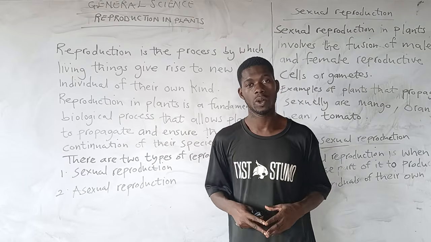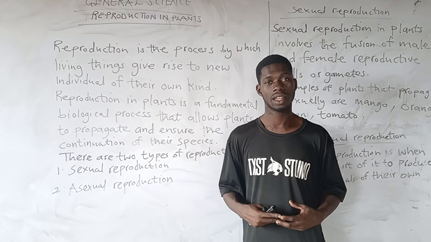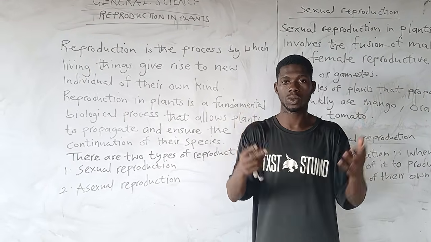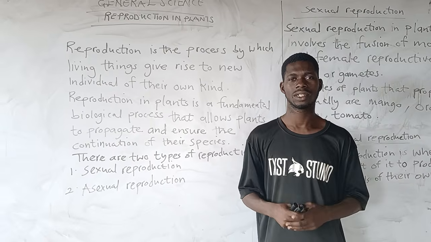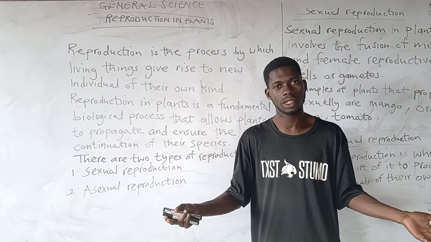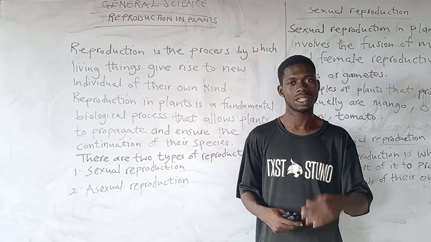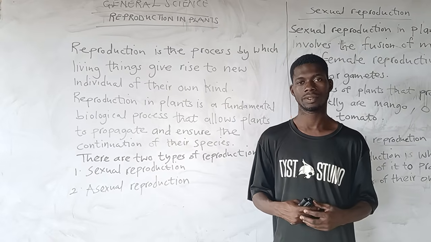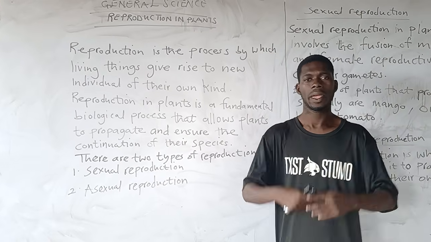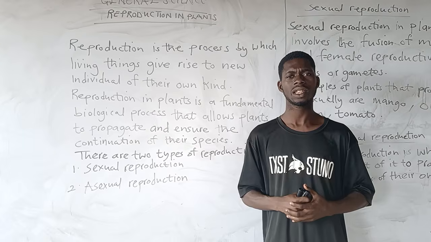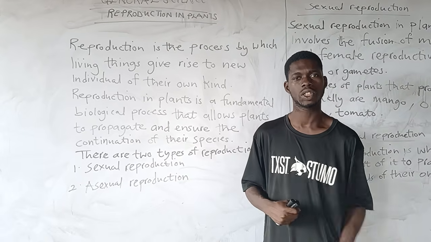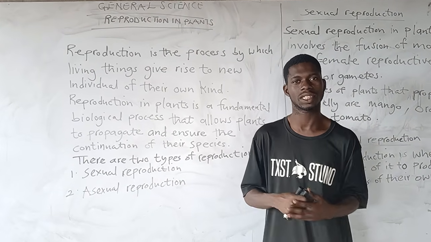Let's link it to humans. If your mother didn't give birth to you, there would be no new individual to continue that lineage. So reproduction ensures the continuation of that species.